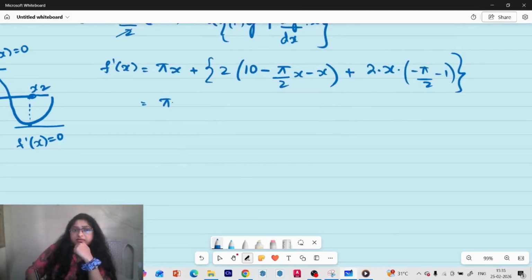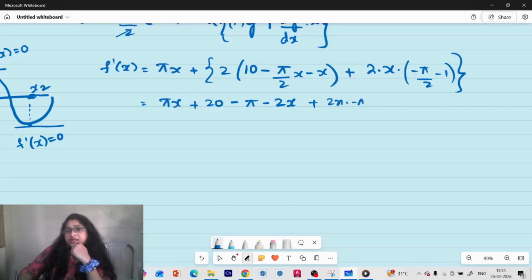So now further simplifying this, pi x plus 20 minus pi, I'm just multiplying 2 within the bracket, minus 2x plus 2x into minus pi by 2, which is 2 to cancel, you will get minus pi x. So I'm writing that minus pi x and minus 2x. Alright, so plus pi x minus pi x is gone, and we have 20 minus pi minus 4x.